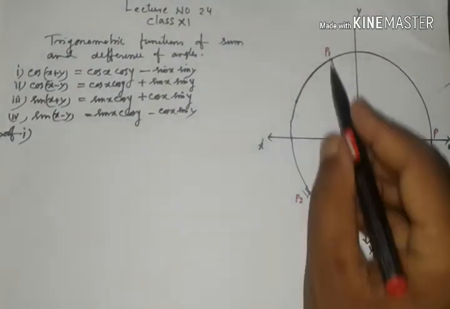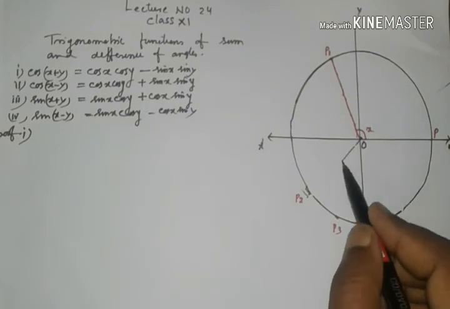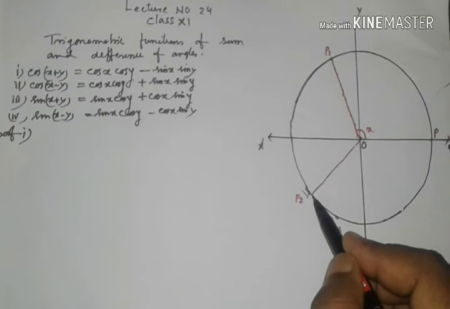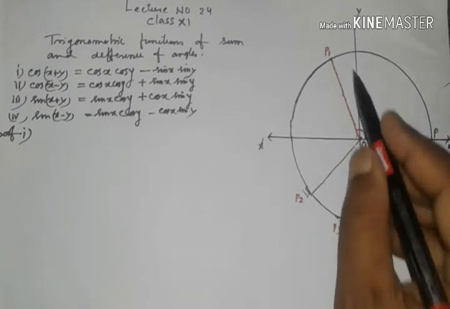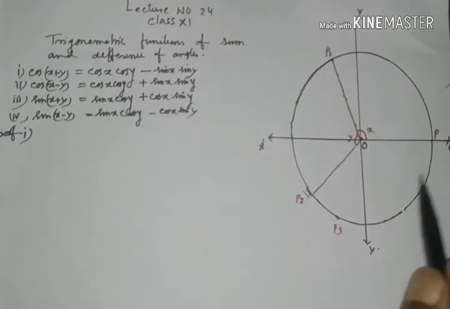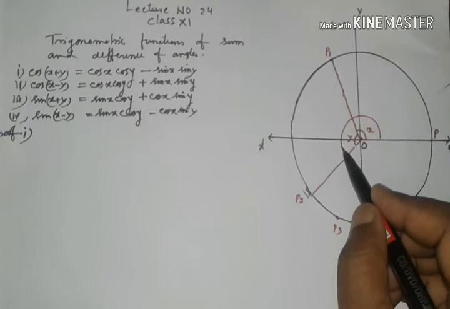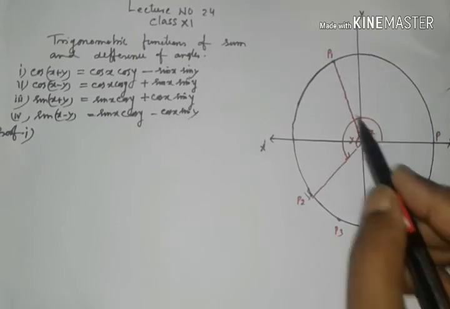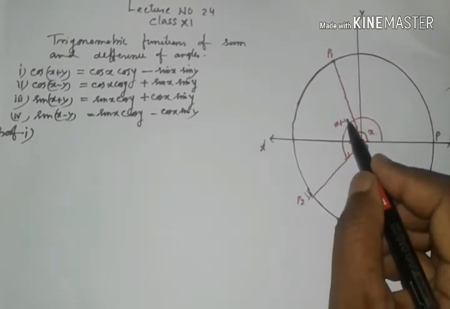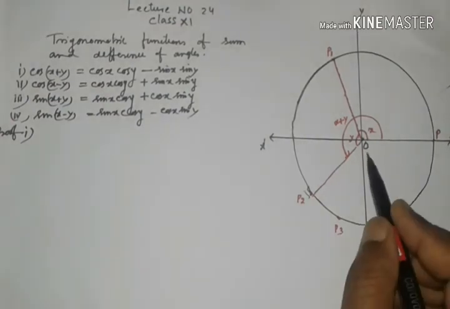We take POP1 equal to x, and another angle P1OP2 is y, and clearly these angles together will be x plus y.